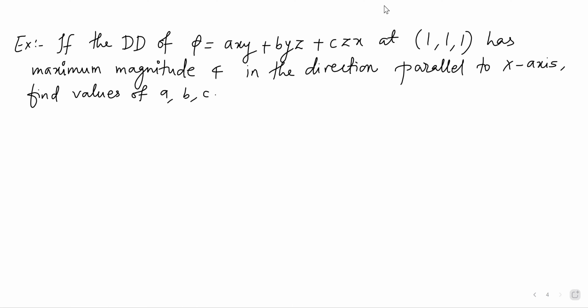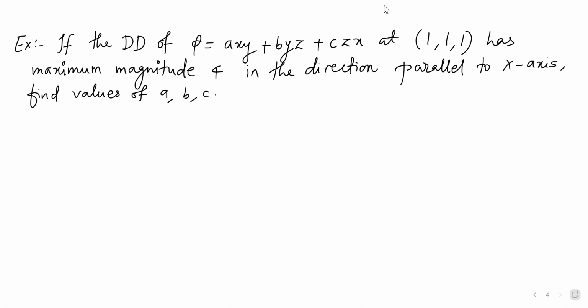Now earlier I have given you one important note: the maximum magnitude of the given scalar point function phi is mod of del phi itself. Correct. So del phi gives the maximum magnitude, and of course the direction is nothing but del phi at that point.